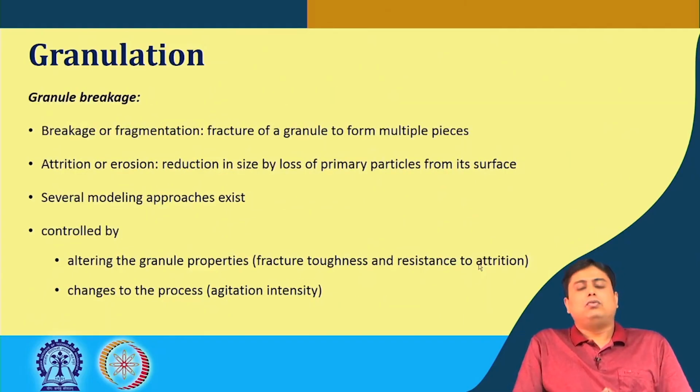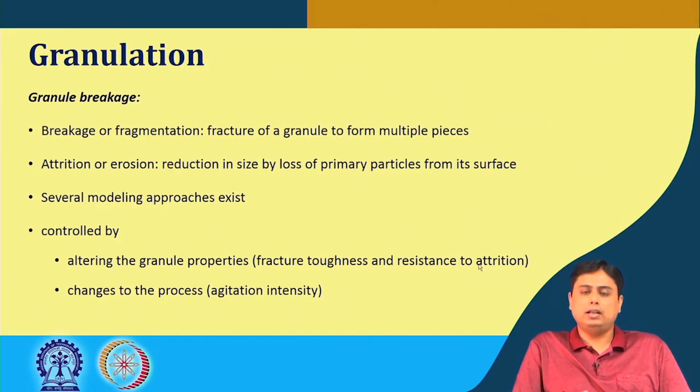And then it is followed by granule breakage, the attrition and the breakage. So, breakage or fragmentation is the fracture of granules into multiple pieces. On the other hand, attrition, which is also called erosion, is the reduction in size by the loss of primary particles from its surface.